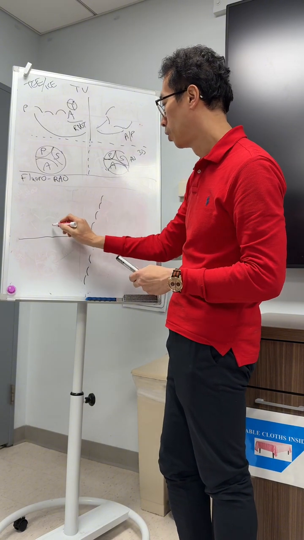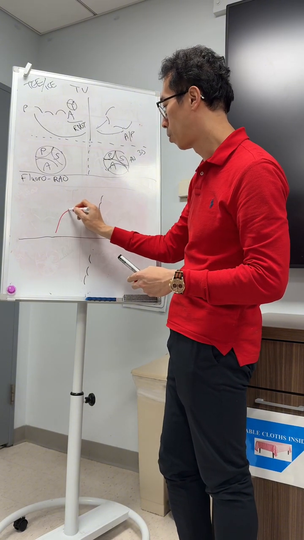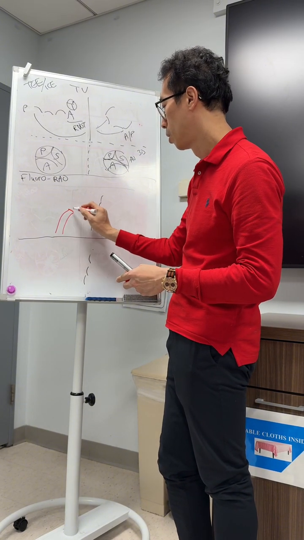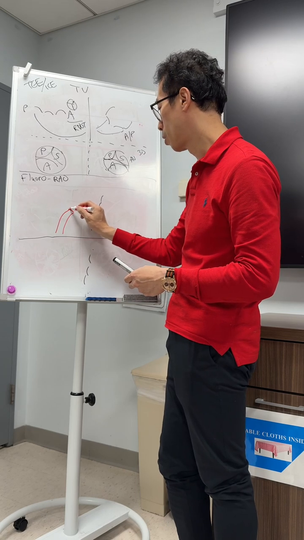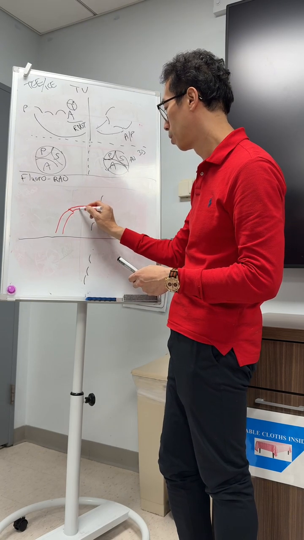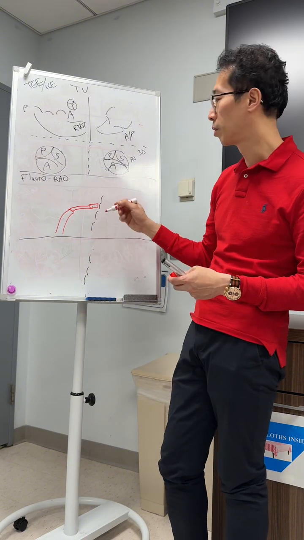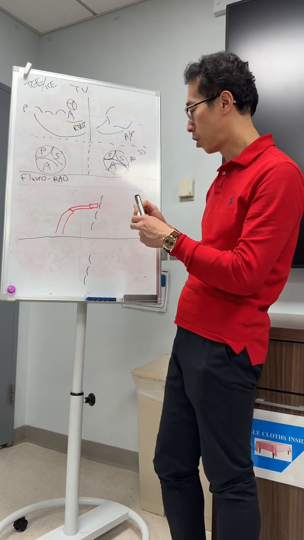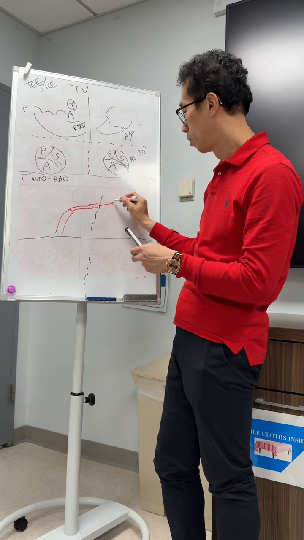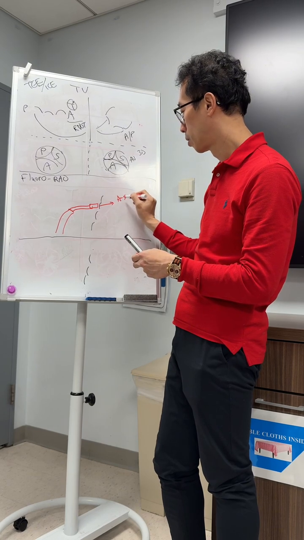So on fluoro, with the TriClip, for example, or even Pascal, or any other TEER device, you're going to be going this way, right? So we thought, let's not go into the RV yet, right? This is RA, RV. So this direction would be A, S, right?